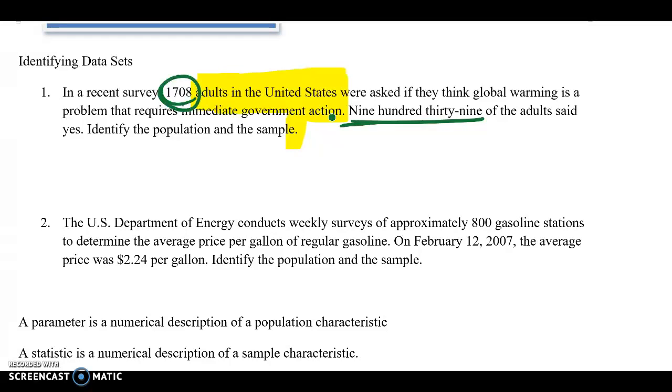Identify the population and the sample. Like number one, the population will be all the gasoline stations. Then what's the sample? Yes, 800. That will be the sample. Okay?